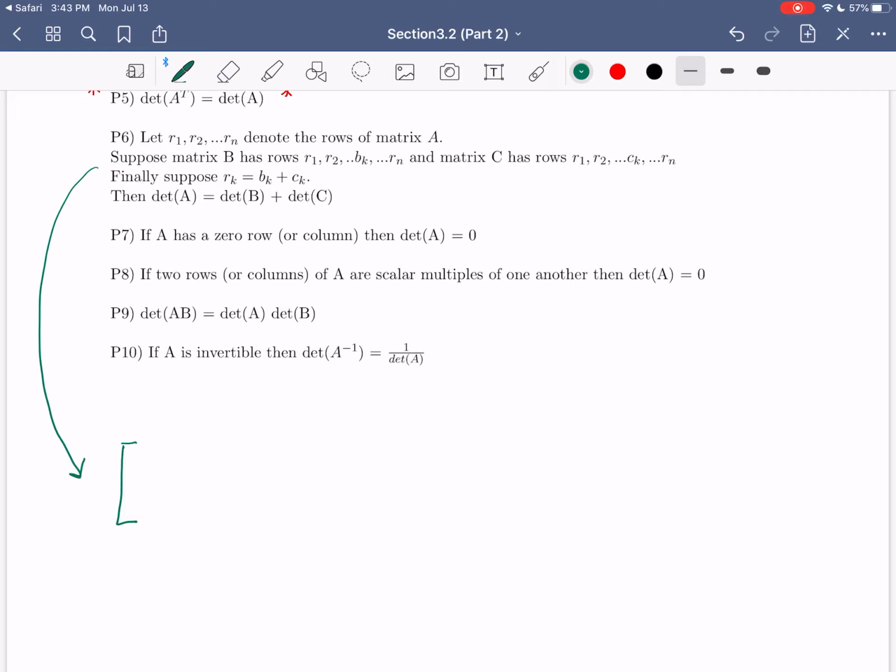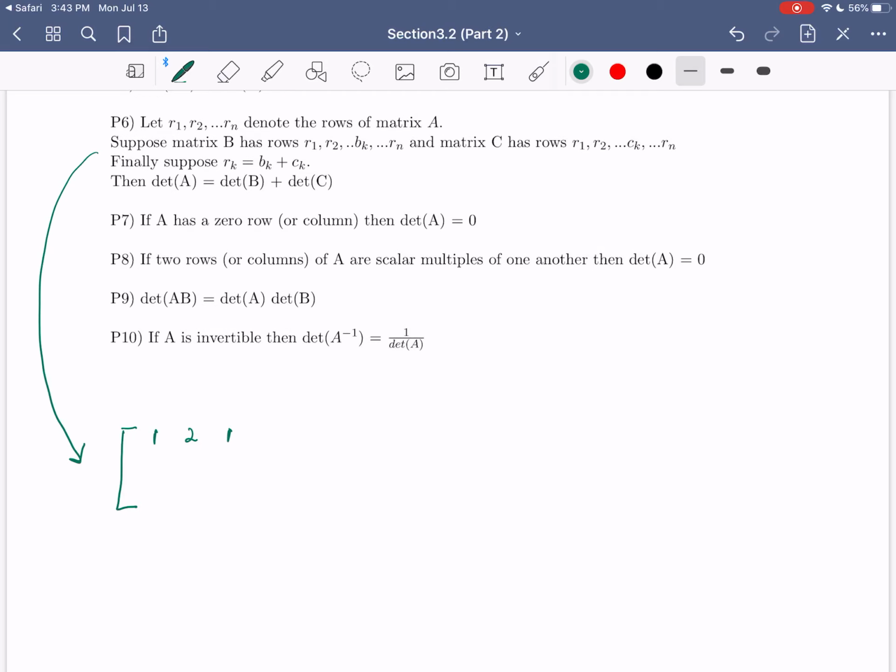So maybe we have something like 1, 2, 3, 4, 0, 5, and maybe 0, 0, 1.